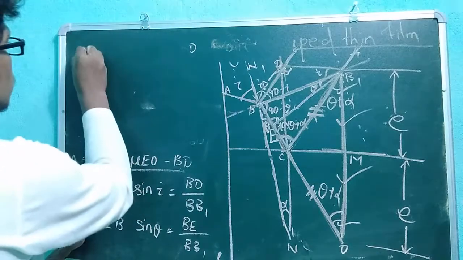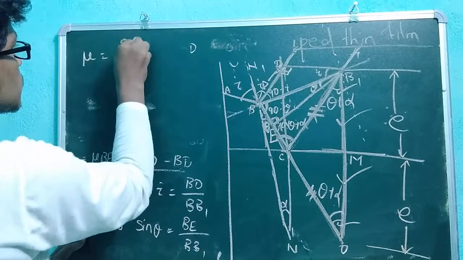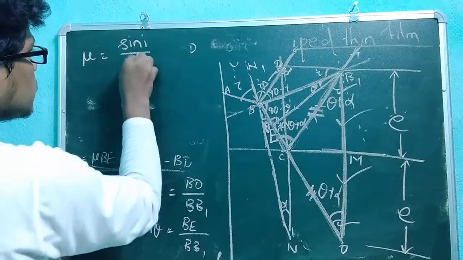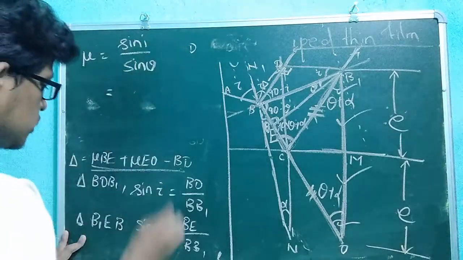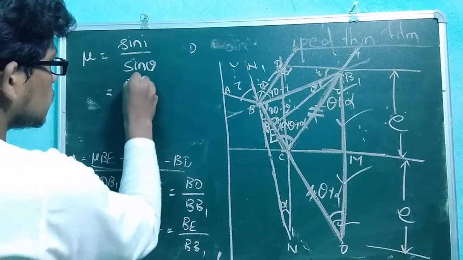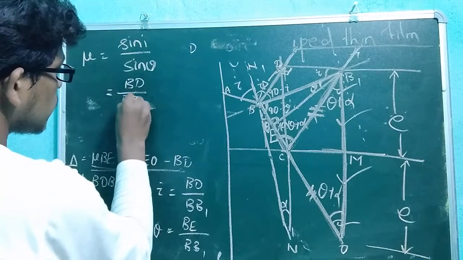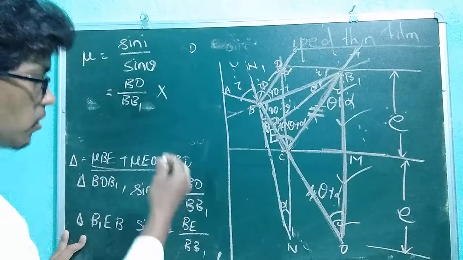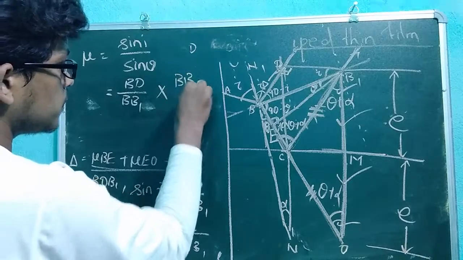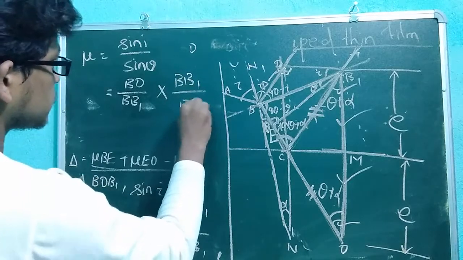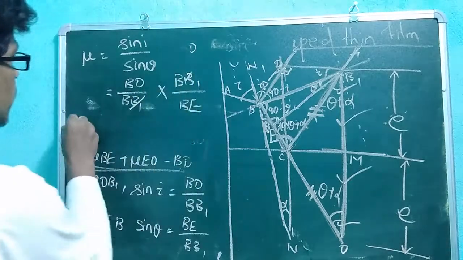So now your refractive index will be sin I by sin theta. How much is your sin I? BD by BB1, and sin theta will be reversed, so I will write BB1 by BE. These two get cancelled.